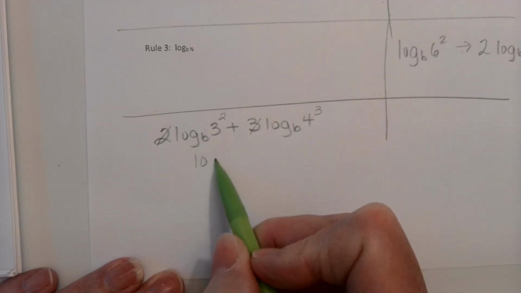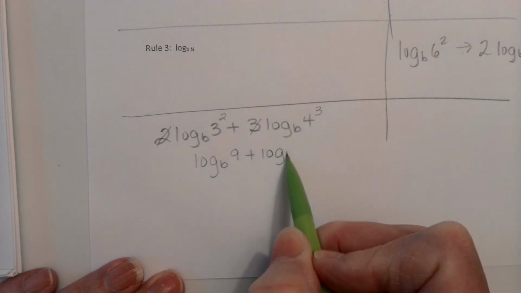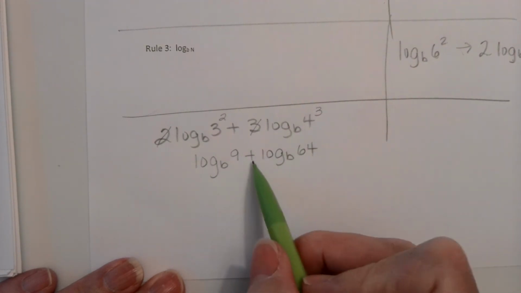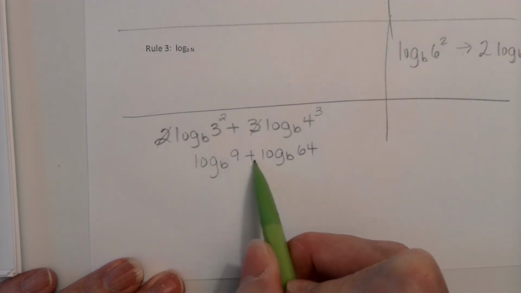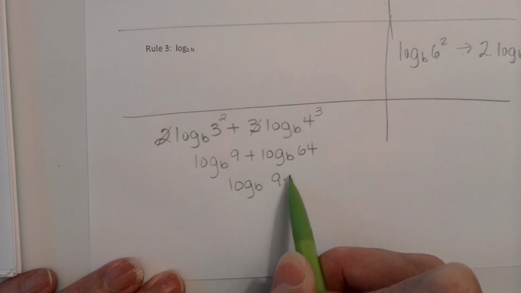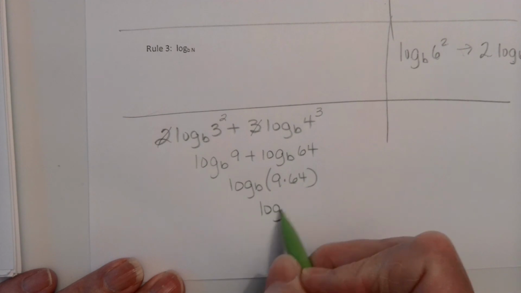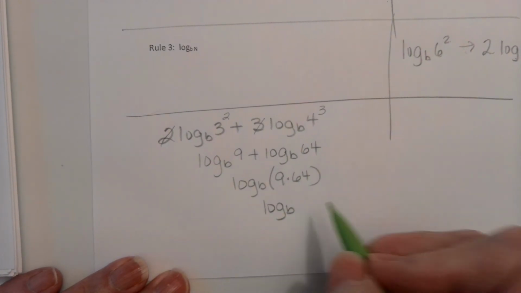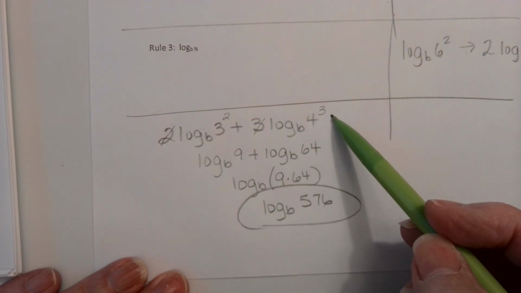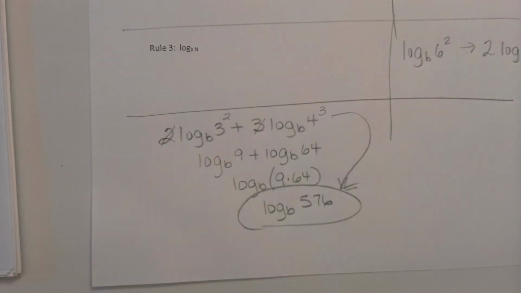So that's log base b of 9 plus log base b of 64. Because they're both log base b and it's plus, I can make this log base b of 9 times 64. So that's log base b of 576. So you were able to take this expression and get it down to this one. Okay? I hope that's helpful.